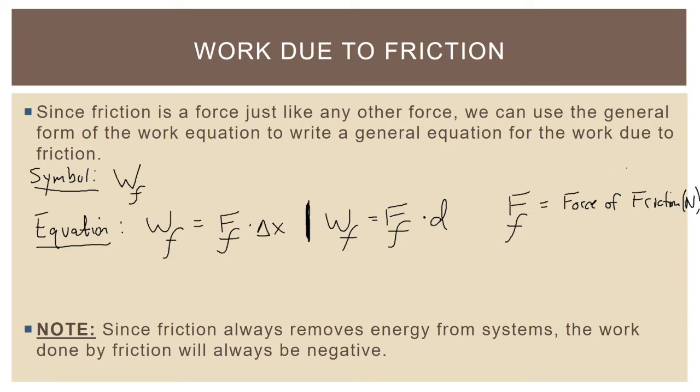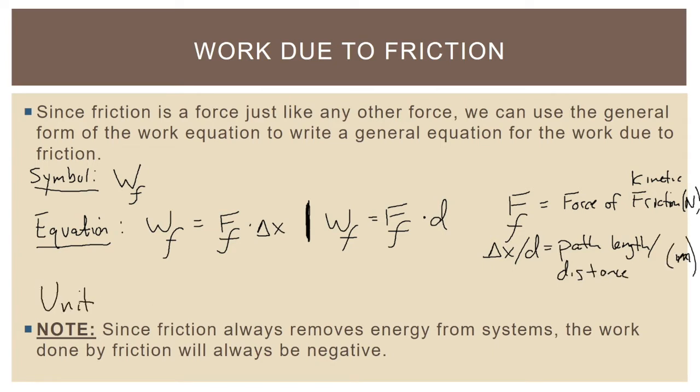It is the force of kinetic friction, though, and so we should be clear about that. And then we're going to say delta x slash d is the path length or distance. And that, of course, is going to be measured in meters. And then the unit here is going to be the joule.